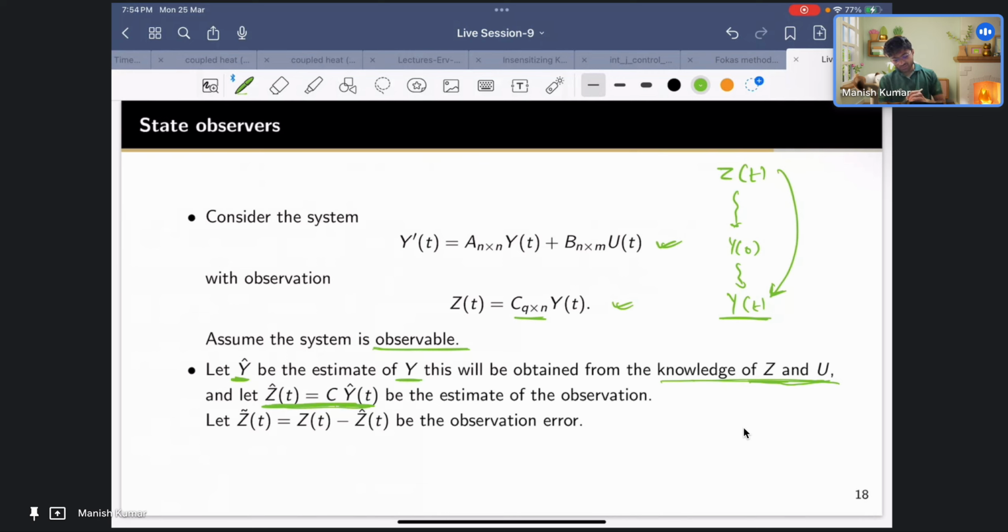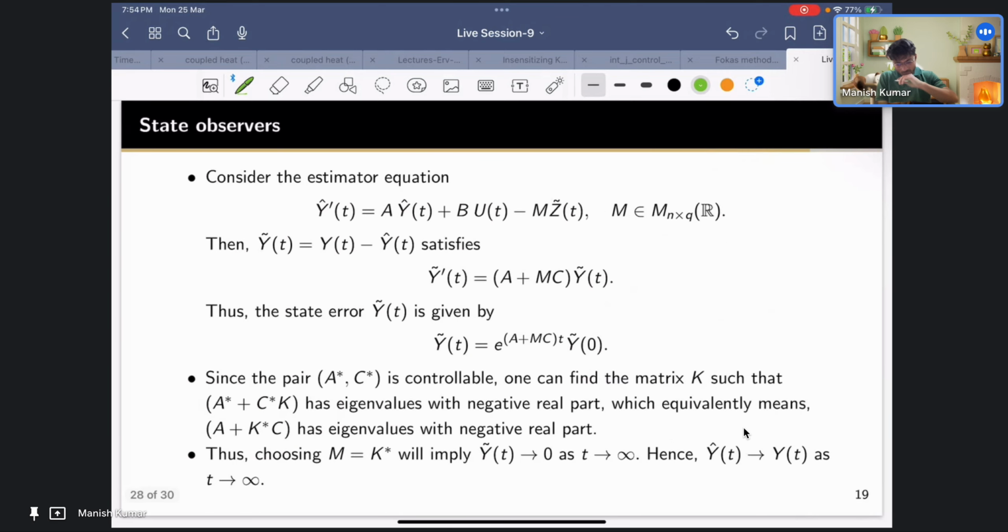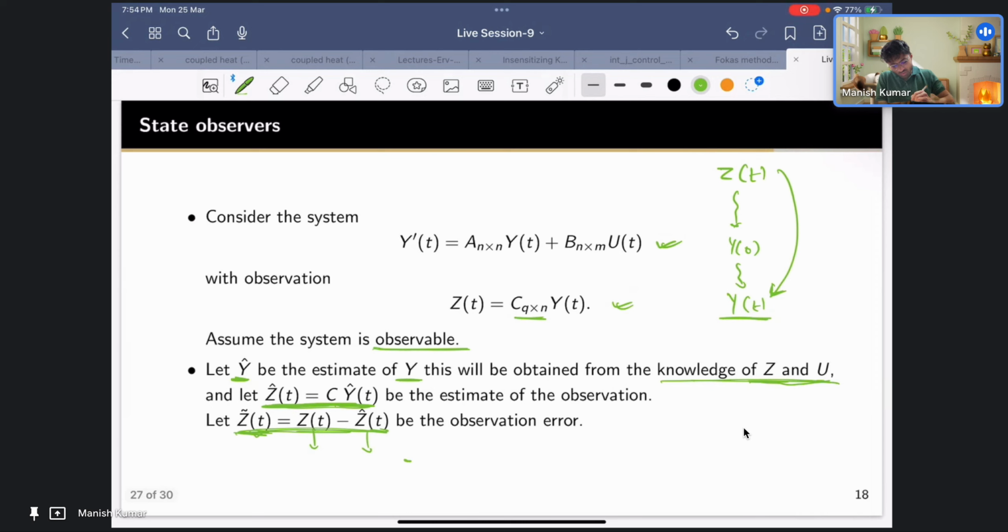Then you define this difference, which is the error basically. z is the actual observation, z hat is the approximation or estimate of the observation. So you define this difference as z tilde. Now my goal is that z tilde goes to 0, or that y tilde(t) goes to 0 as t goes to infinity.